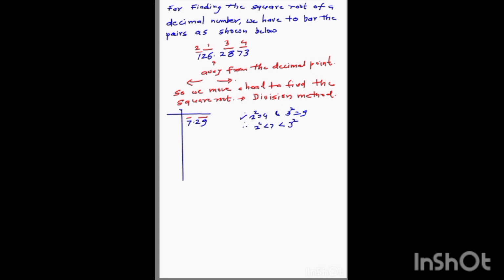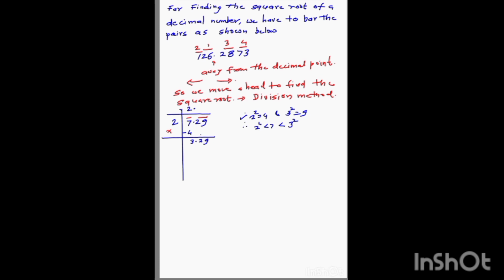Then select 2, and 2 twos are 4. Subtract it and you get 3, and then bring down 0.29 with a decimal point after that in the answer.